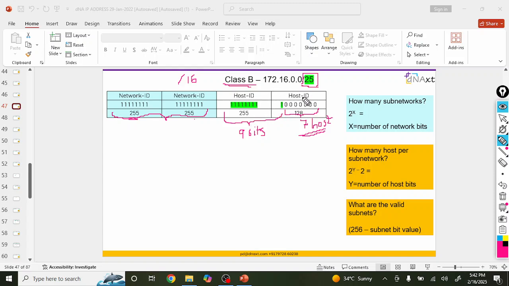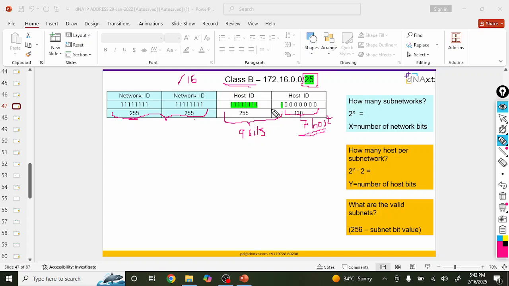And in the fourth octet, the first bit is on and all the others are off, and hence the value is 128. So the subnet mask over here is 255.255.255.128. We have borrowed bits from two octets: all the bits from the third octet and one bit from the fourth octet in this scenario.